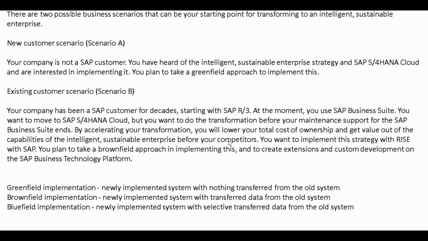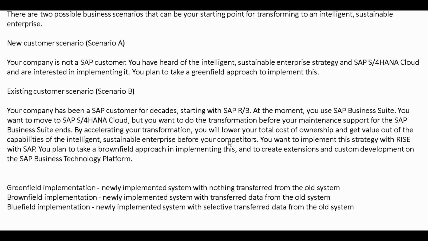It takes less time because they want to continue with their existing business processes. If they want a complete re-engineering of their business processes, that's not ideal, and it's better to go with a new greenfield implementation. So there are different factors to be considered, and then you have to decide which is the best strategy for them.